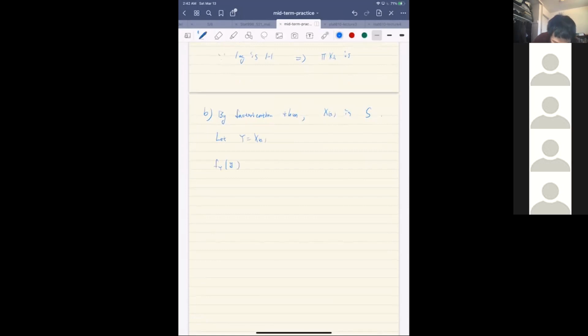The density of y should be n, the CDF of x1 times the density of x1.